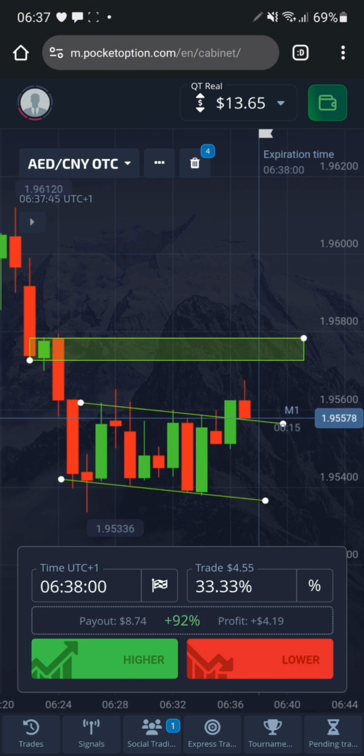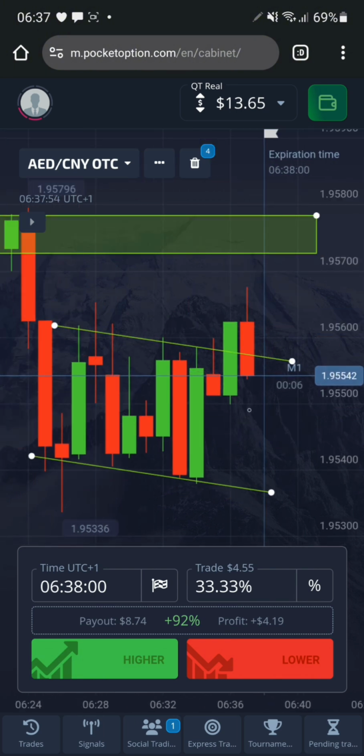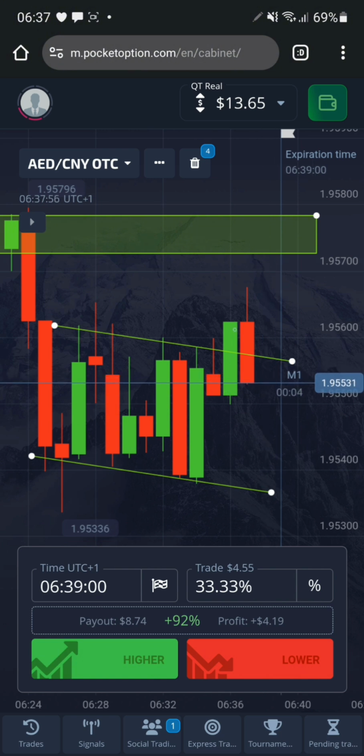Okay, we got a red candle. So the red-green pattern is still in effect, but this push to the upside from the buyers is very suspicious. Now if we had a doji in the middle of this red-green pattern, I probably would have more confidence in this arrangement.